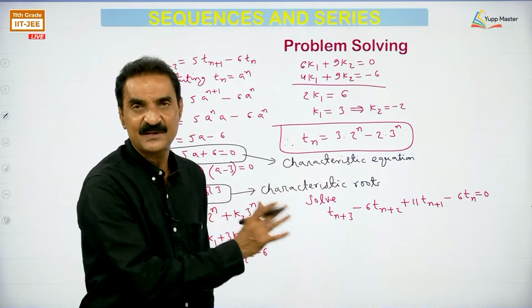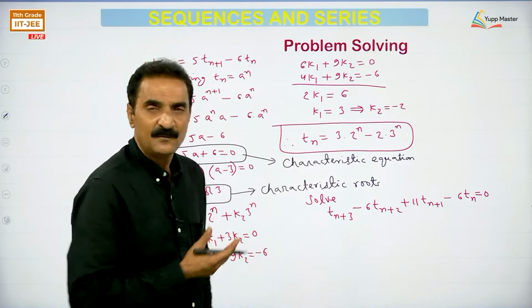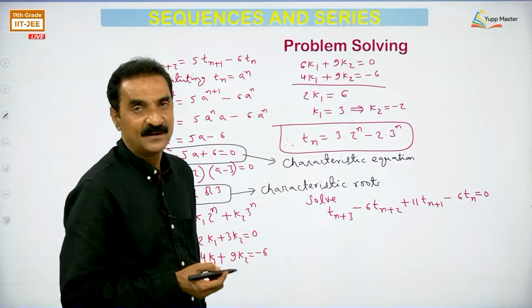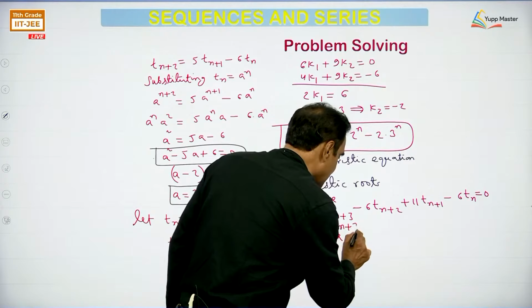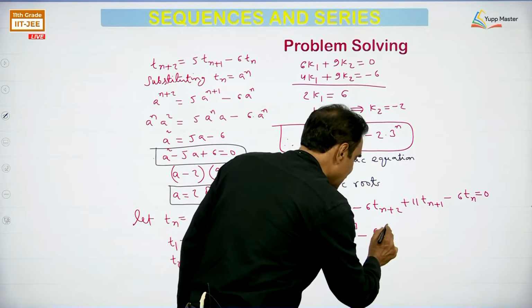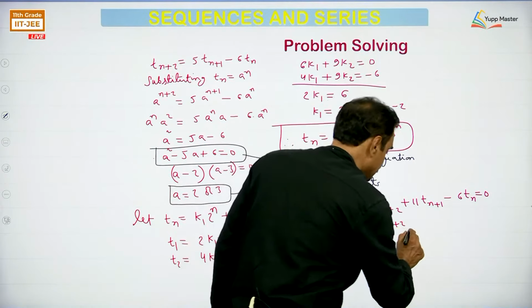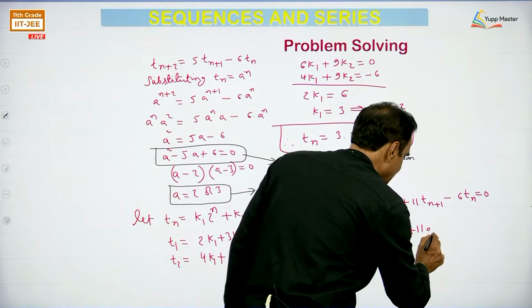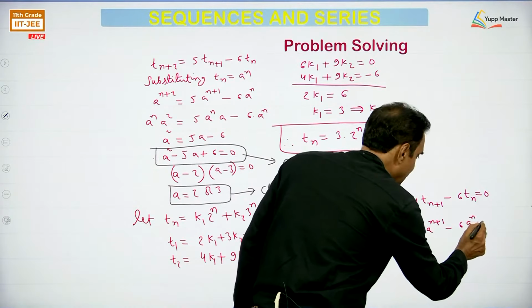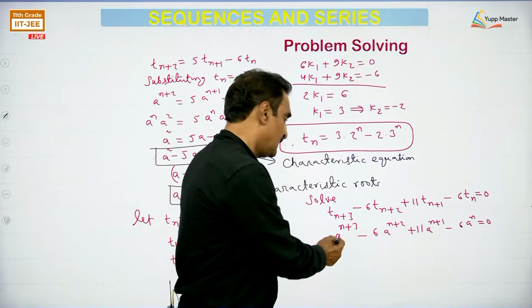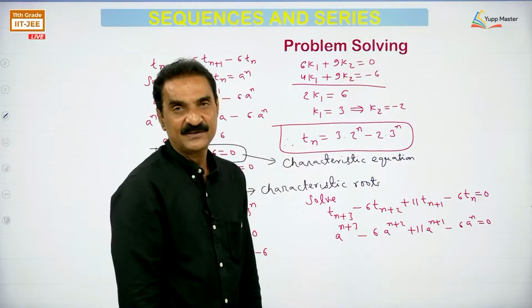Immediately, since it is a linear equation, we will take Tn as a power n. Then substituting, this becomes a power n plus 3 minus 6 a power n plus 2 plus 11 a power n plus 1 minus 6 a power n is equal to 0. You can cancel a power n on both sides.